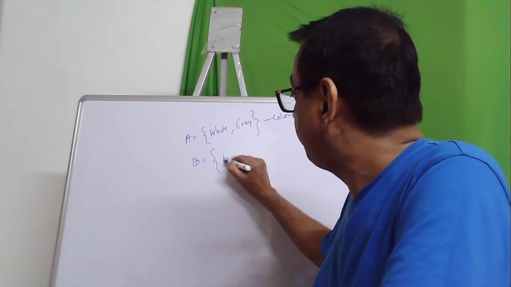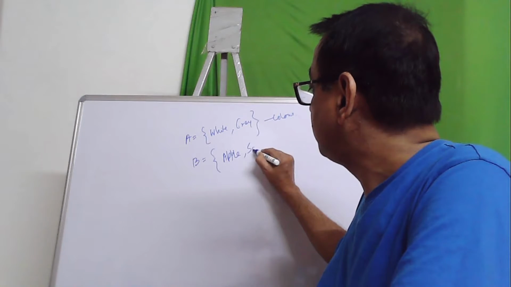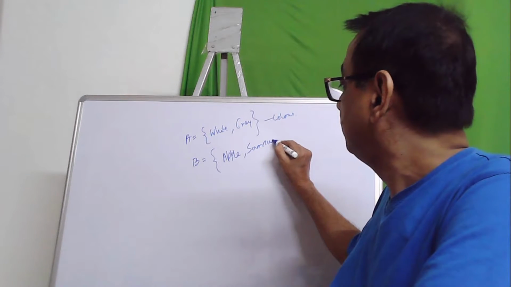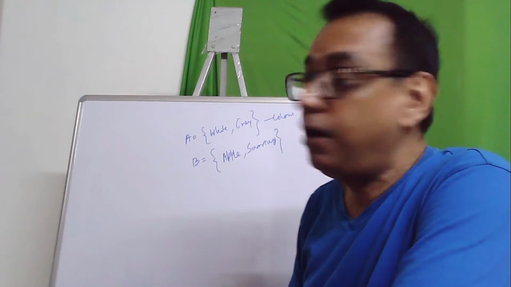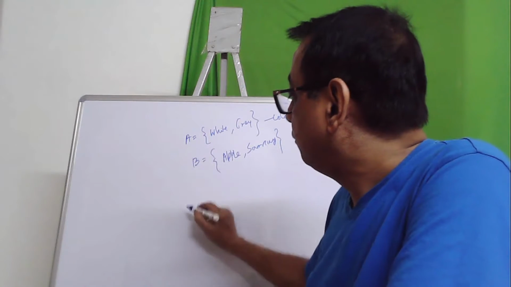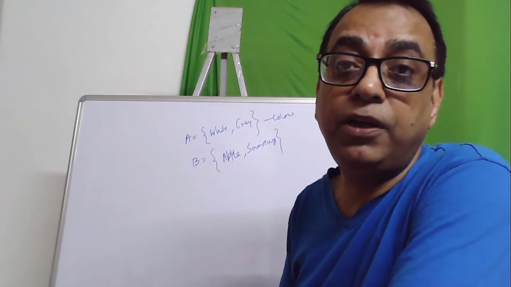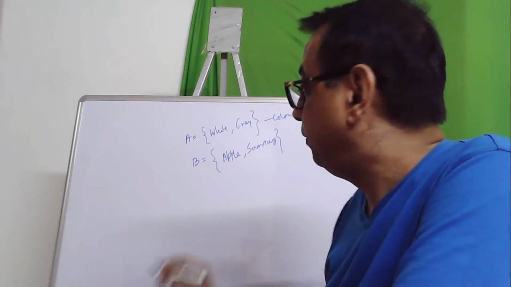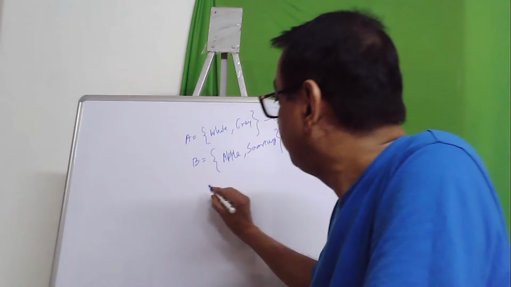Let's say one is Apple and the other one is Samsung. Now we can choose for each element of A an element of B. So what are the possible combinations?